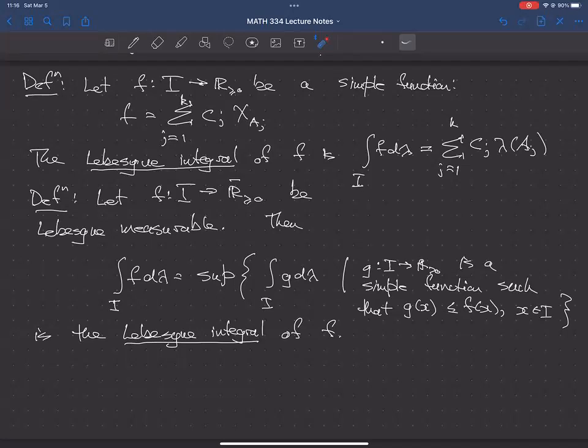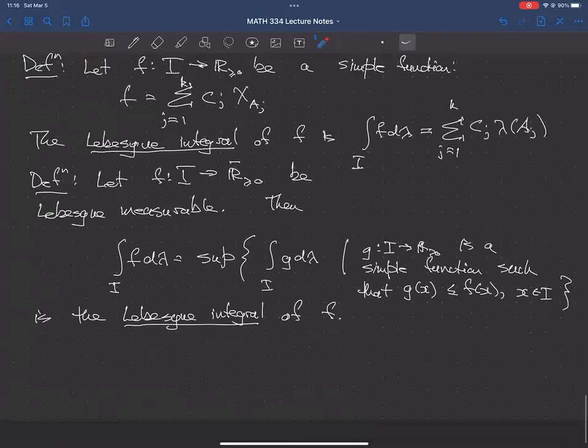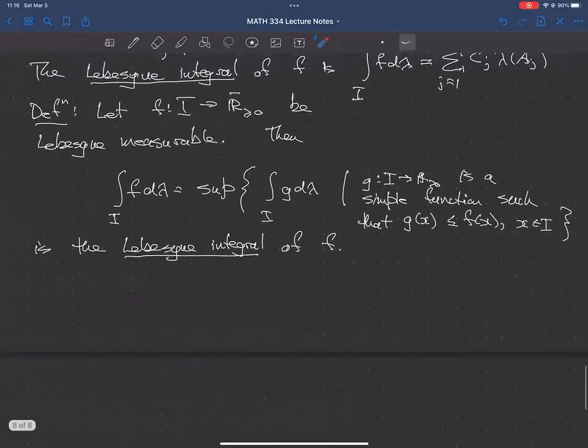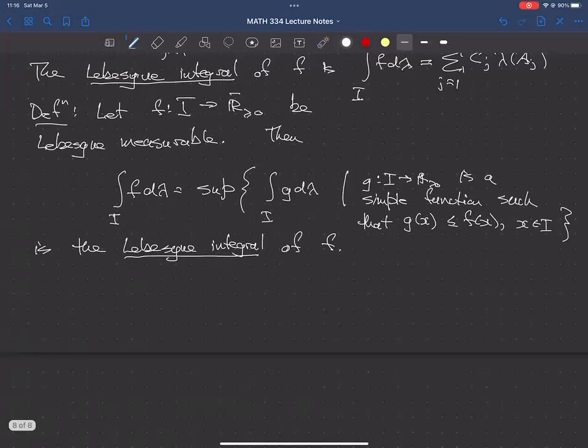All right, so for non-negative functions, measurability is equivalent to integrability in this sense. Now, that's the case where f is non-negative valued.